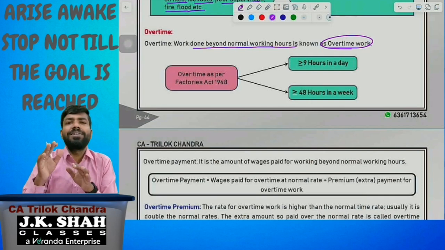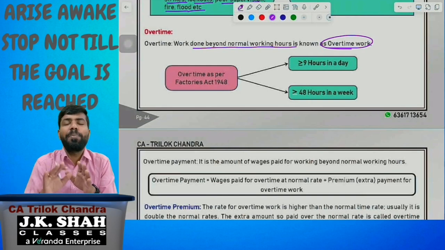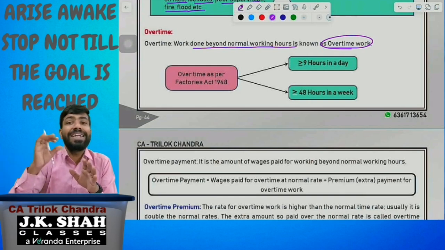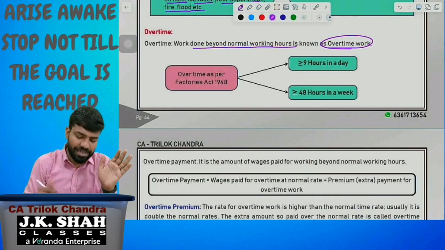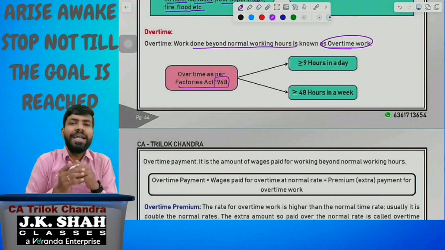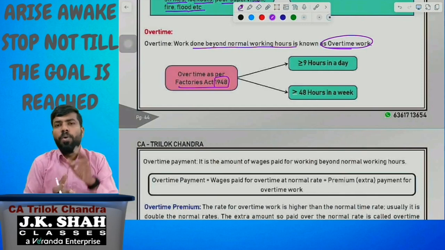If there is no such specification in the company, if a labor time policy is not there, then we take the help of the Factories Act 1948. In the Factories Act 1948, they have stated two conditions to decide overtime. What are the two conditions?